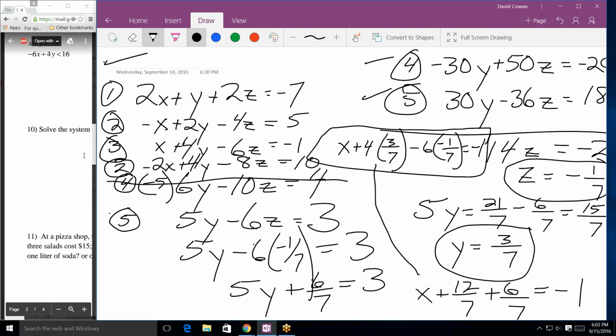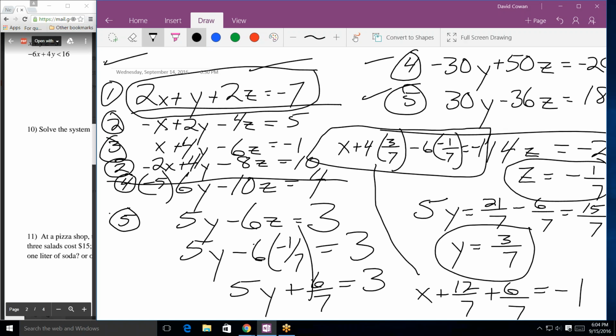In other words, if your life depended on you having the correct answers, if somebody held a gun up to my head right now and said, is that the right 3 answers? I would not say yes. I would go back and I would check that equation and make sure that the values I got for x, y, and z make that an equation. And if they don't, I've made a mistake.